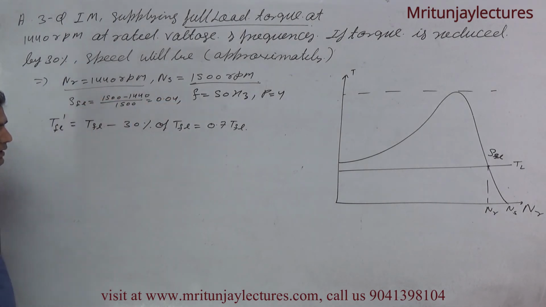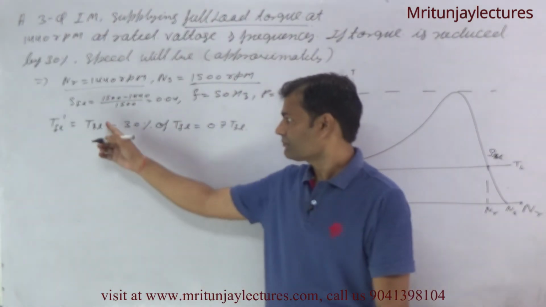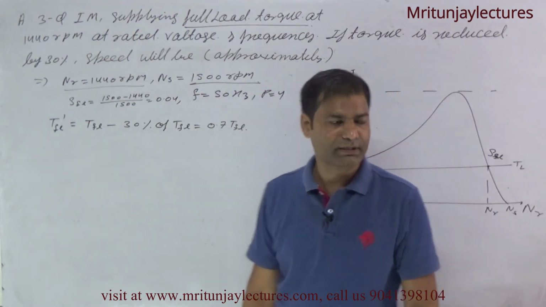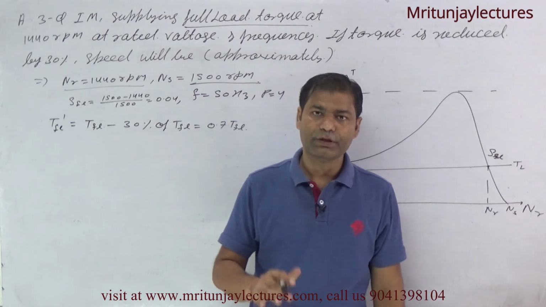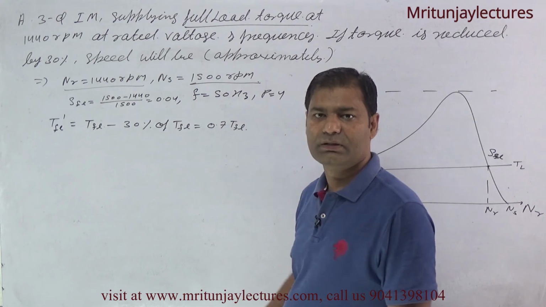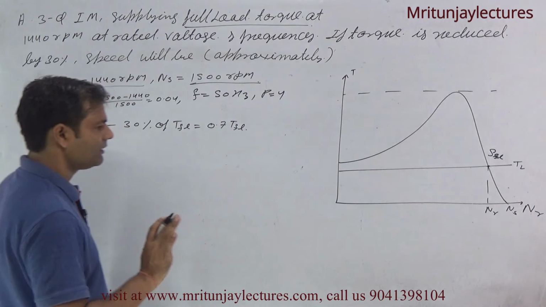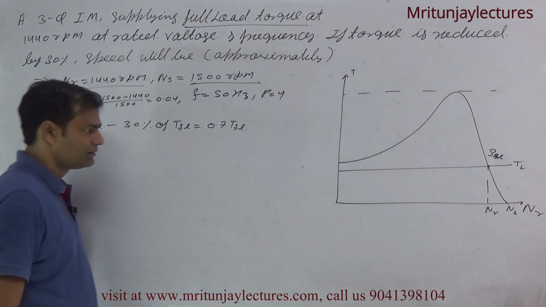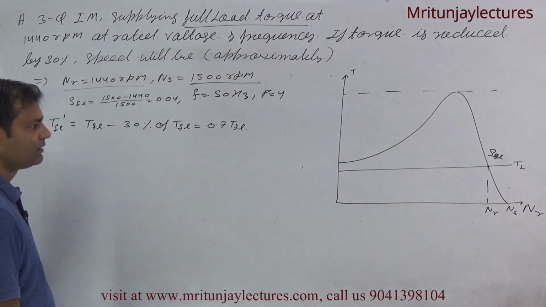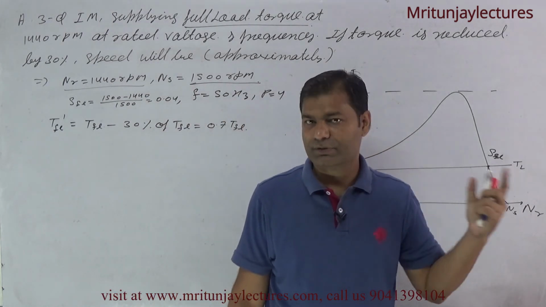Clear? Now, if at full load torque the speed is like this one and the slip is like this one, then the full load torque is operating here. Now if the full load torque is reduced by 30%, then what about speed? Full load speed. Okay, clear what I am saying? See, this one is operating in the low slip region, so you can say that electromagnetic torque is proportional to slip. I have already discussed this.